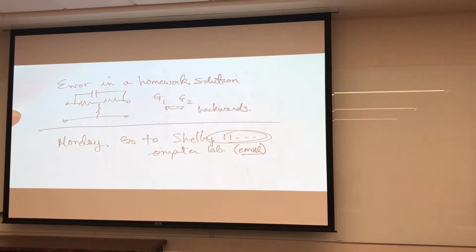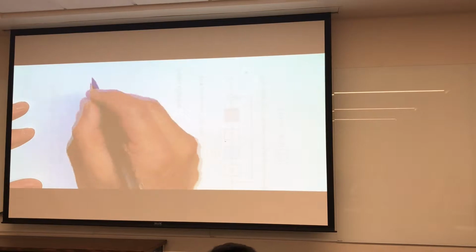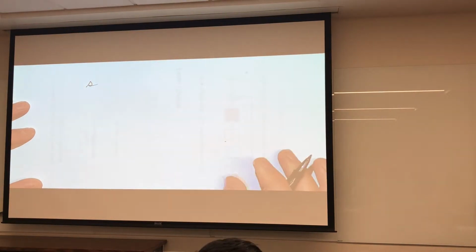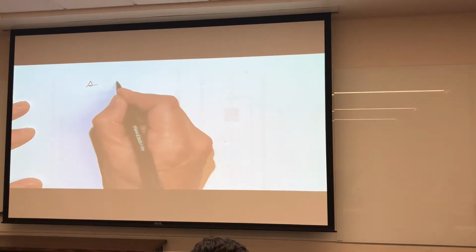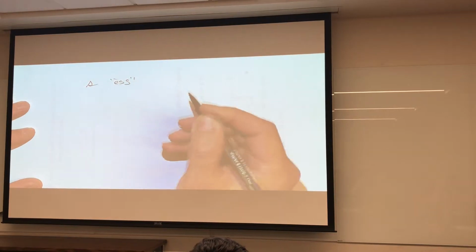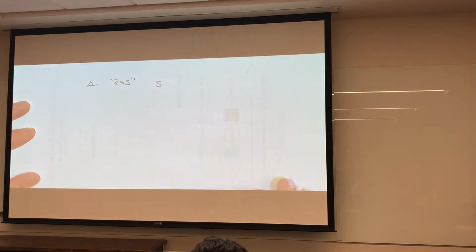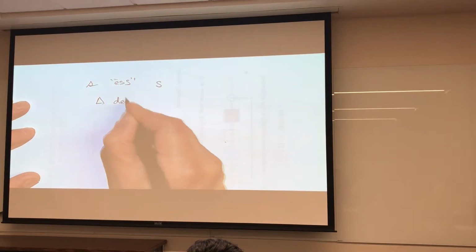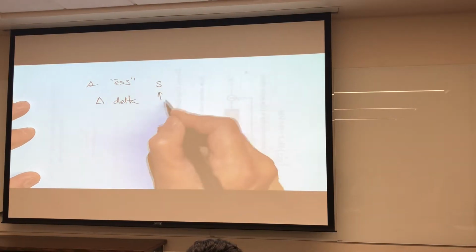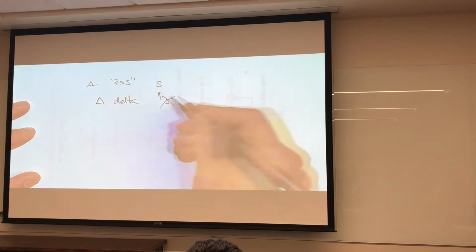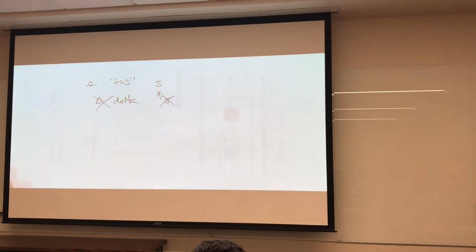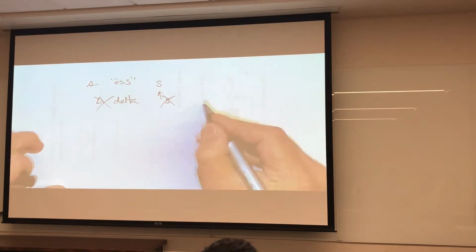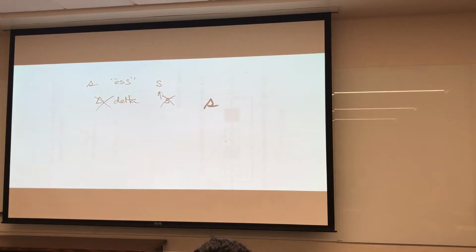Another comment. I tend to write in cursive, but I tend to write a little bit fast because I'm talking while writing. So I do this. This is supposed to be letter S. Sometimes I'll write this way, but the problem is sometimes this looks like delta. I apologize, and sometimes this looks like 5. Especially when I use this fat pen, which I think is easier to read, it might look like delta.